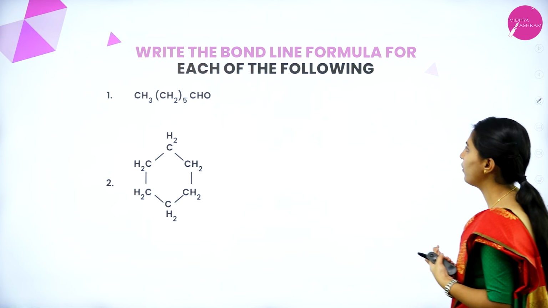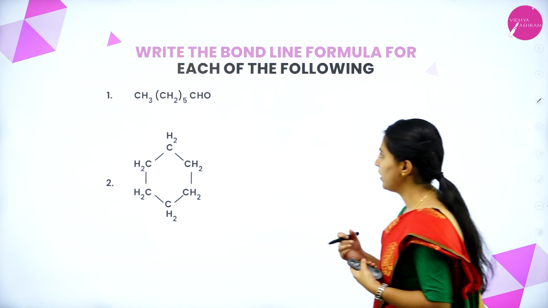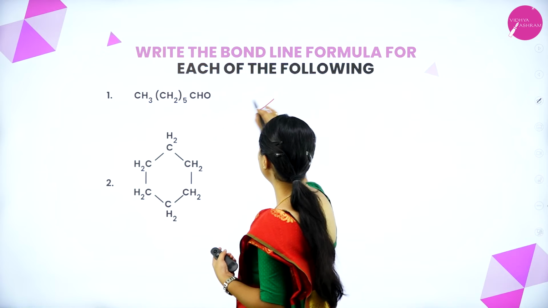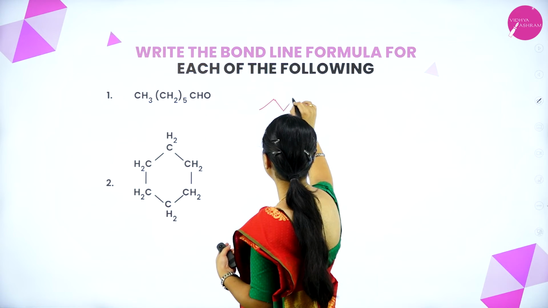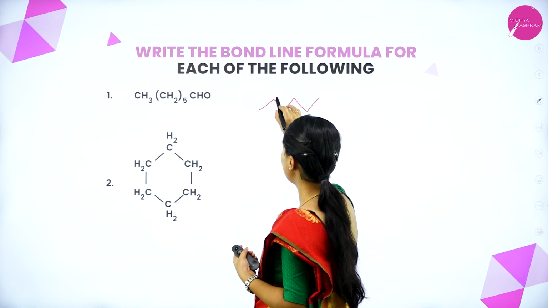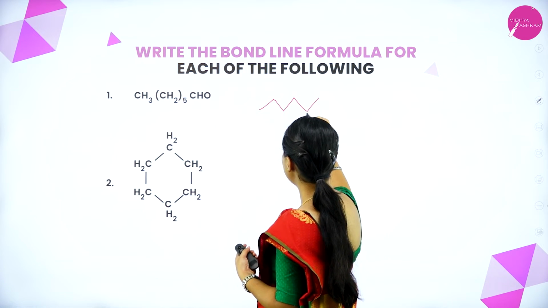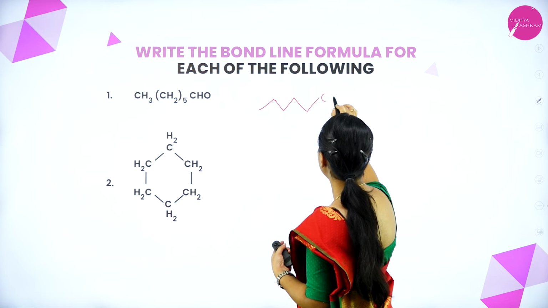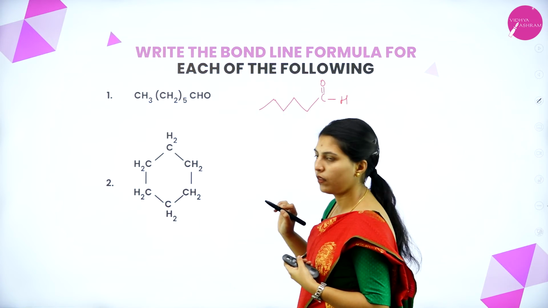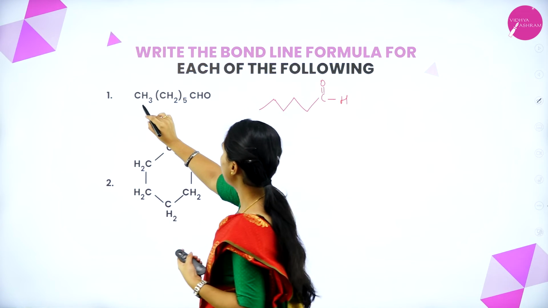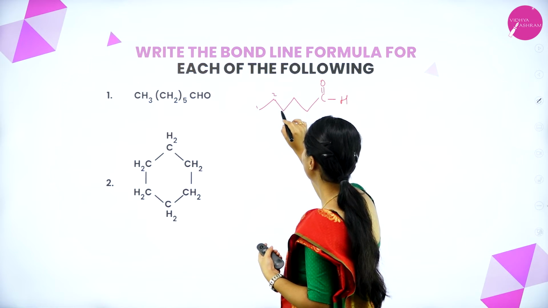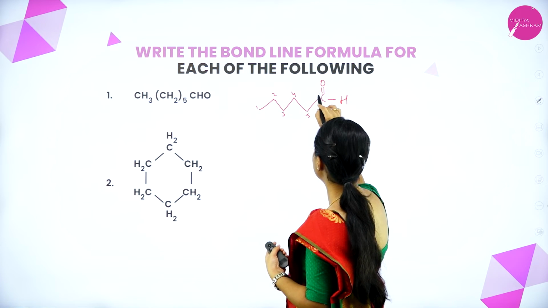Write the bond line formula of each of the following. See here, how many CH2? 1, 2, 3, 4, 5. CH3, CH2, CH2, CH2, CH2, and this is CHO. How many? 1, 5, 6. Overall 7. 1, 2, 3, 4, 5, 6.